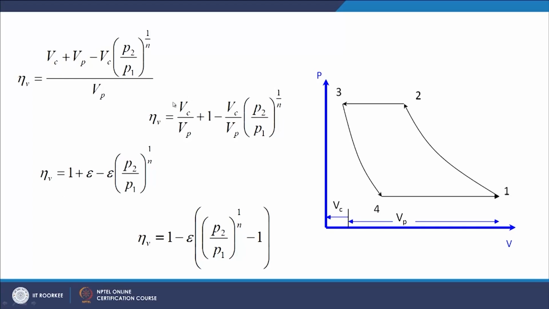Now Vc by Vp is the clearance ratio of the compressor. So volumetric efficiency is equal to clearance ratio epsilon plus (1 minus epsilon) (P2 by P1) raised to power 1 by n, and further we can write volumetric efficiency is equal to 1 minus epsilon times ((P2 by P1) raised to power 1 by n, minus 1).